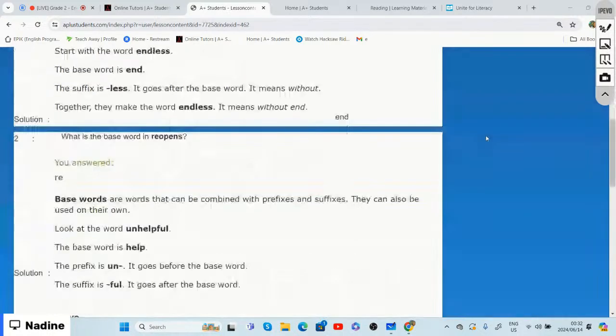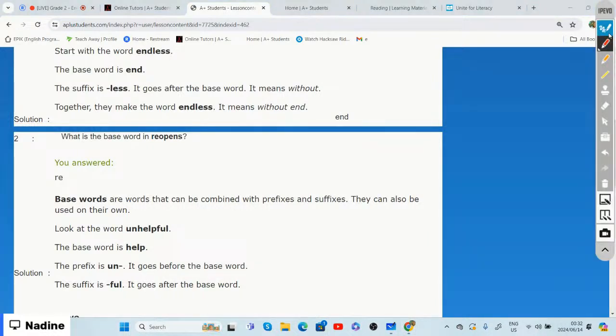All right, let's look at this word. What did we say re means? We need to say first, what is the base word of the word reopens? What is the base word over here? The word that can stand on its own.